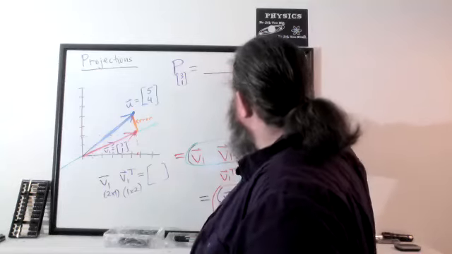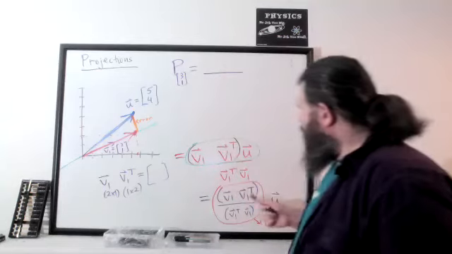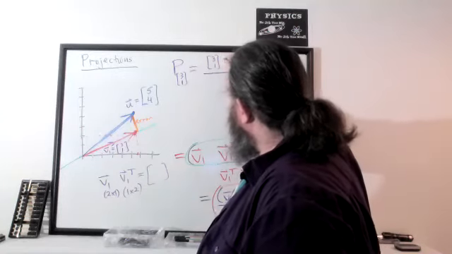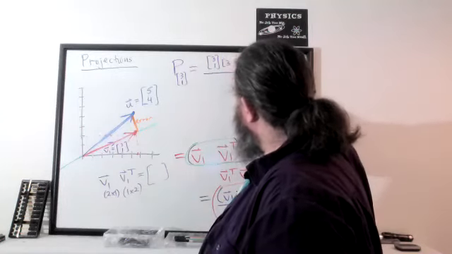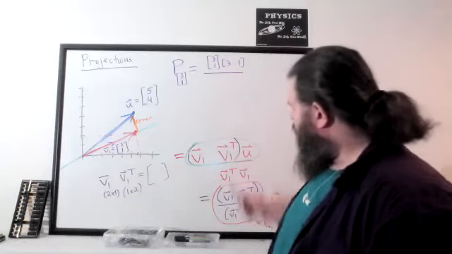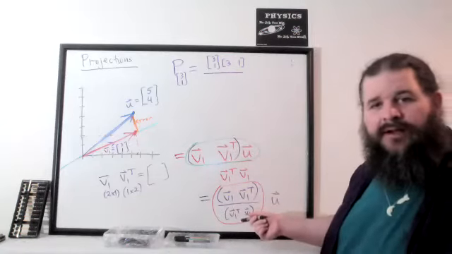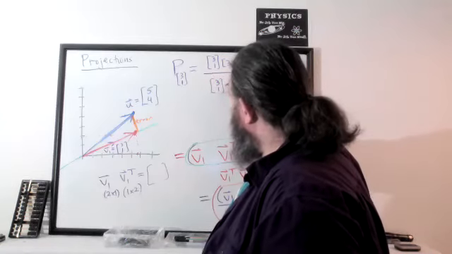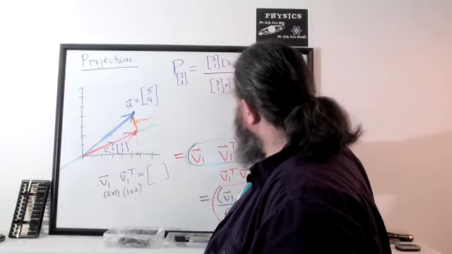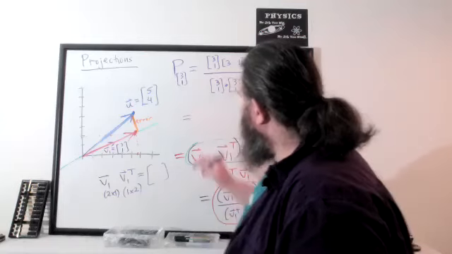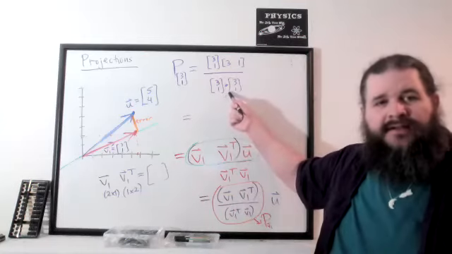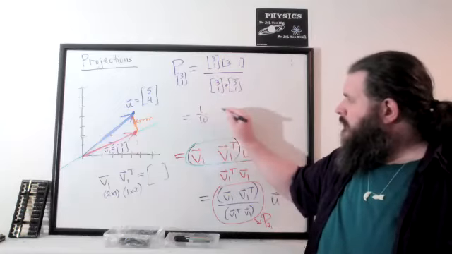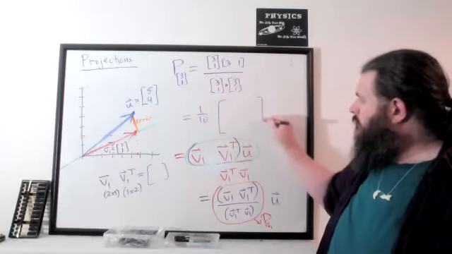So we take V1 times V1 transpose, in other words, 3, 1 as a column times 3, 1 as a row, and then divide by, and this one we can just treat as the dot product, 3, 1 dot itself. The dot product we calculated earlier was 10, so we just have 1 over 10 times a matrix.